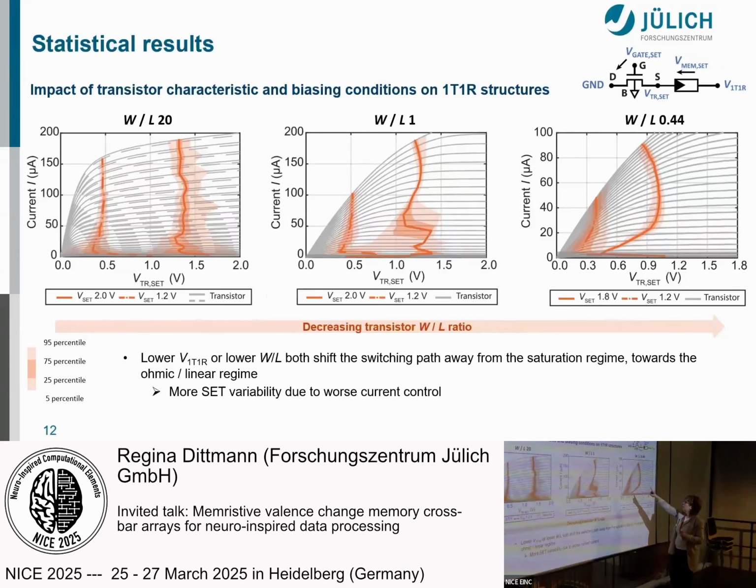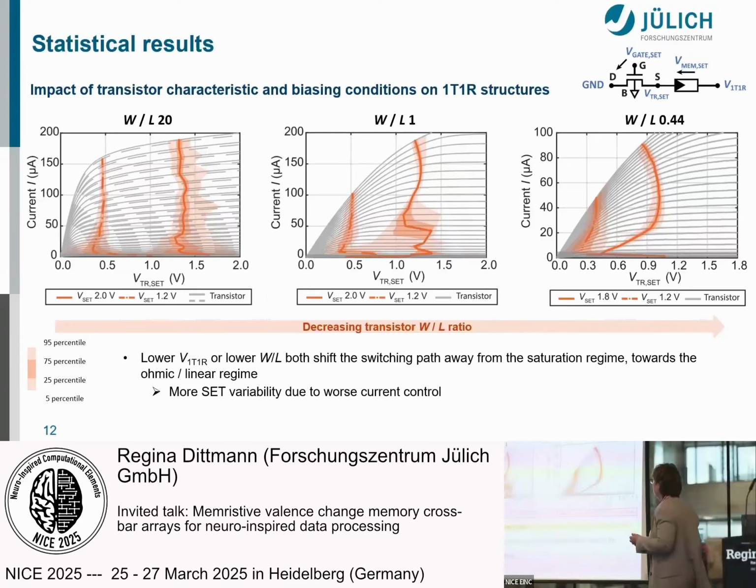If you go to the smaller transistors, depending on the voltage you apply, you shift into the linear regime of the transistor, and here even in the transition regime, and here in the really linear regime, which is not optimum for work as a current compliance, and it can also be assumed that this is not a reliable way to adjust the resistance values of the memristor with the transistor.